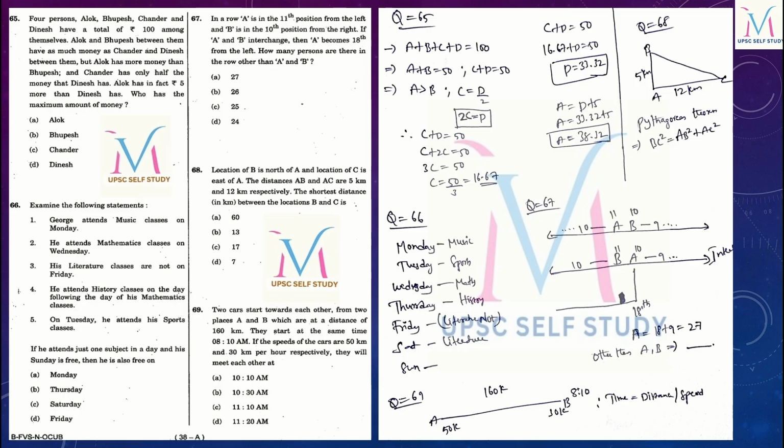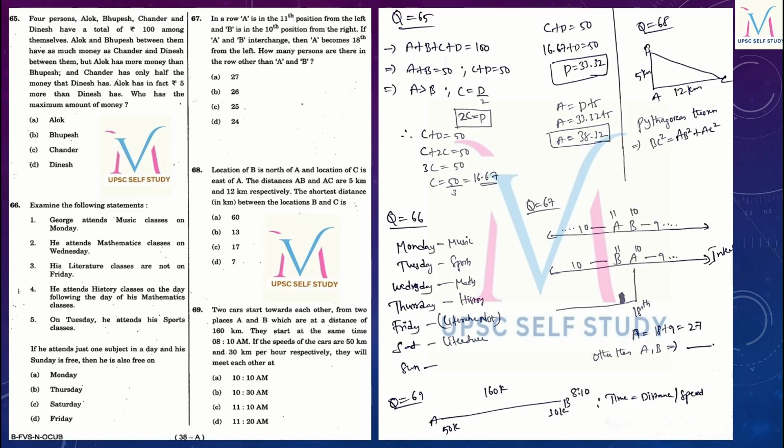So 2C is equal to D. Now what is D? The amount of D is equal to 2C. So therefore C plus D.